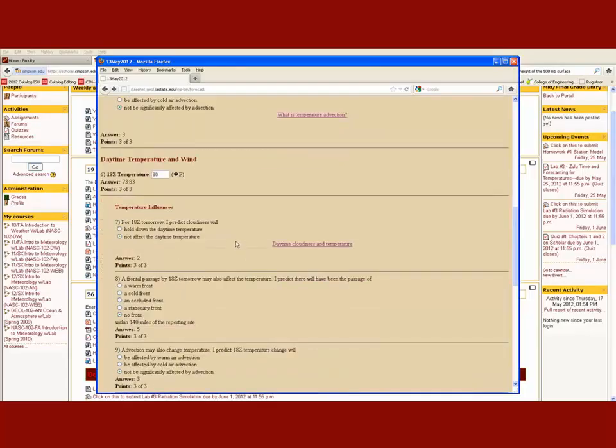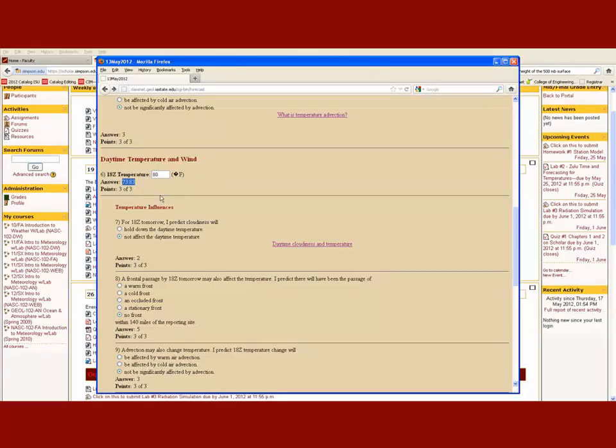So then I had to forecast for an 18Z temperature. It says 3 out of 3 on the points, so I got the temperature correct. I put 80, but that was not the temperature. Can you tell me what the exact temperature was? Well, if it's a plus or minus 5 range, 73 to 83, halfway between 73 and 83 is 78.